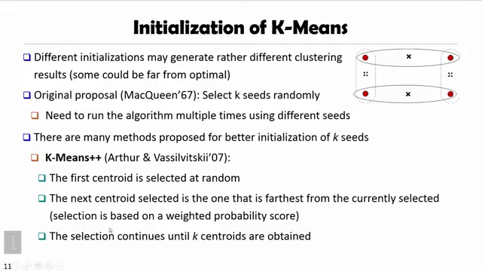That means, based on a weighted probability score, you select which is the best for the next one. This selection continues until all k centroids are obtained. Then initialization is done, and we can run the k-means algorithm.